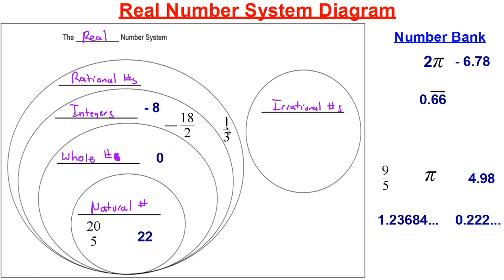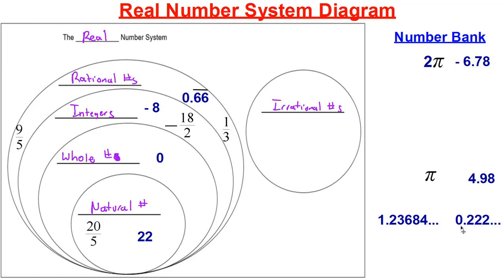Put this over here to the side. 0.66, it has that repeating bar over it, so that means it's going to be 0.666666 going on forever. So this will definitely be a rational number. It could actually be expressed as 2 over 3, 2/3. Okay? 9/5. If we take 9 and divide it by 5, we won't get a whole number, so this will also be a rational number.